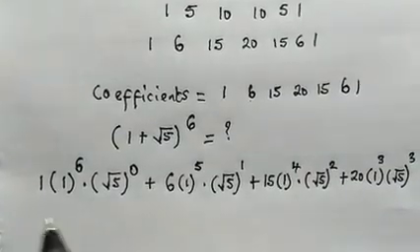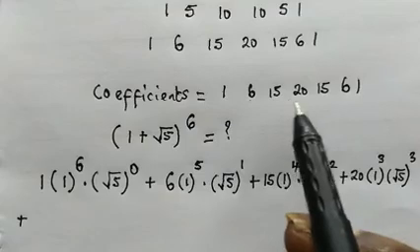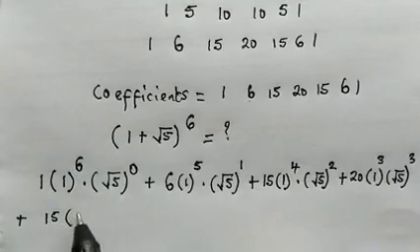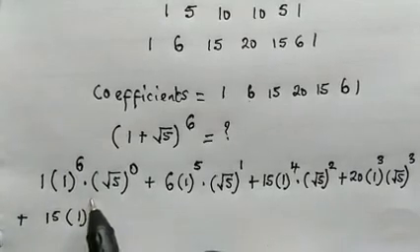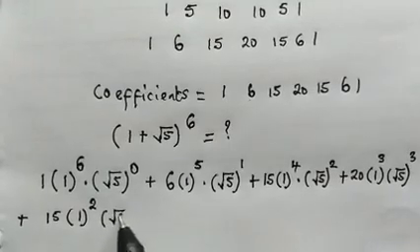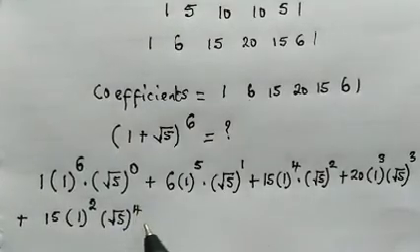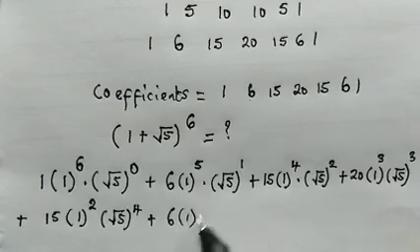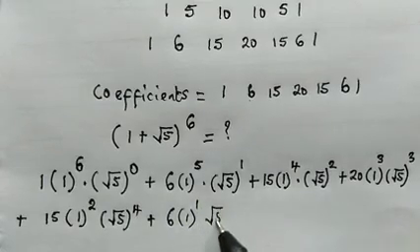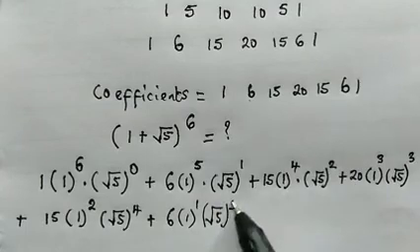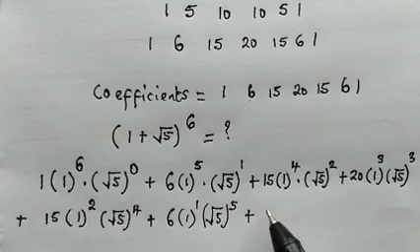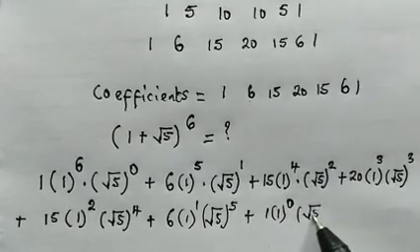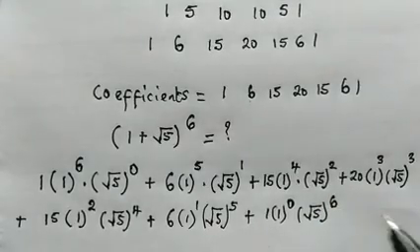Okay, then we have plus, the next coefficient is 15. We have 15 multiplied by 1 to the power of 2, then times root 5 to the power of 4. Then we have plus, the next coefficient is 6 multiplied by 1 to the power of 1 multiplied by root 5 to the power of 5. And finally, the last coefficient is 1, multiplied by 1 to the power of 0, then multiplied by root 5 to the power of 6.